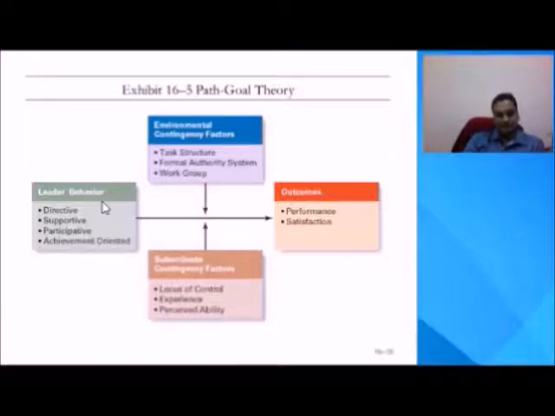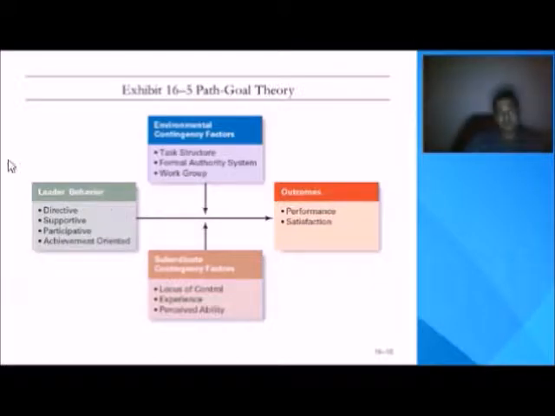And when the subordinates are very much able, very competent, then you should delegate work more to the subordinates. You should involve them in the decision making process.